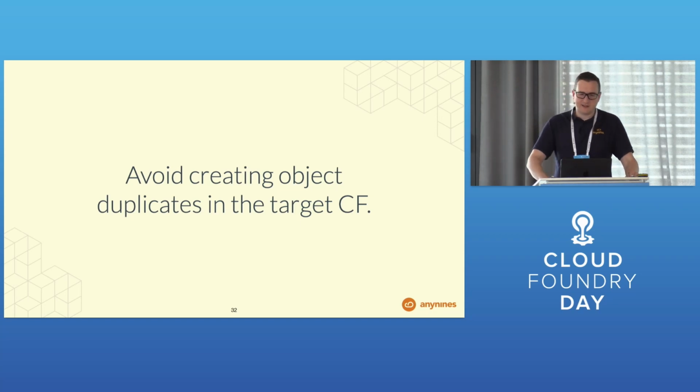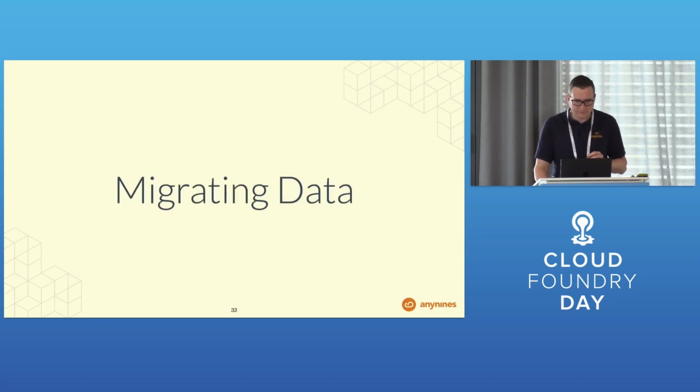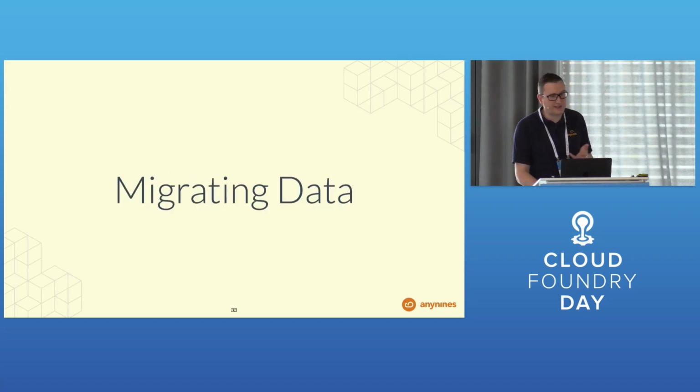It sounds easier than done, especially when you need to take care of those associations between objects like the UAA users and whatever the objects are attached to. You need to ensure that this is done in a consistent way. Which brings us to the question of how to deal with data.